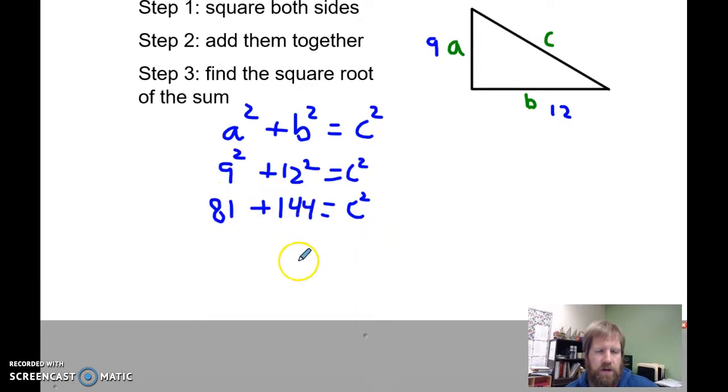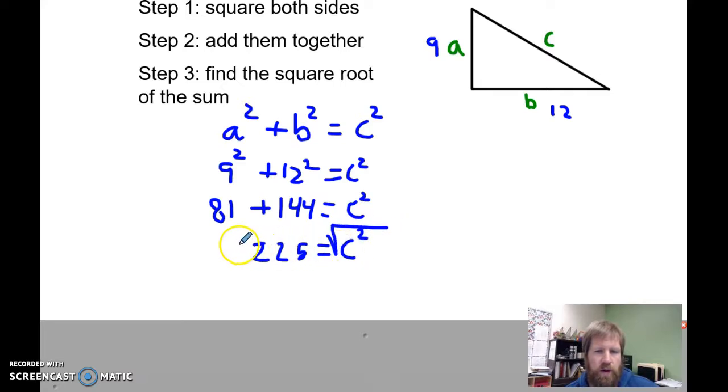Add these two together. Should be 225. Oh, it's a terrible 5. And that is equal to c squared. So we've got c squared, but what we want is just c. To figure that out, we are going to take the opposite of this square, which is the square root.